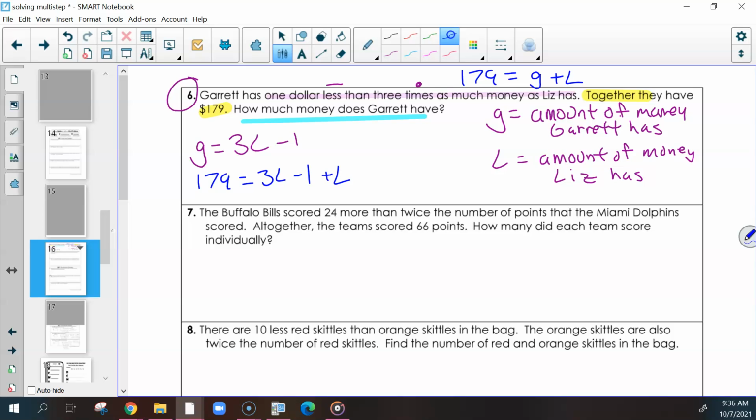And I can simplify it, or start solving. So combine my like terms, and then solve. So add 1 to both sides. And divide both sides by 4.